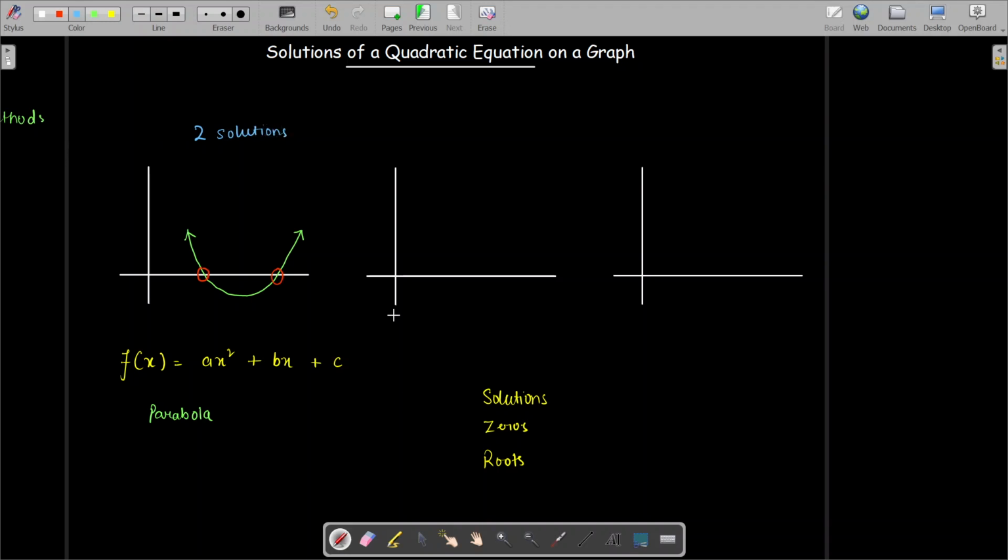Then another case could be that the graph intersects the x-axis at exactly 1 point. For example, something like this. This graph is not even intersecting, it's touching the x-axis at just 1 point. So this is the case of one solution.